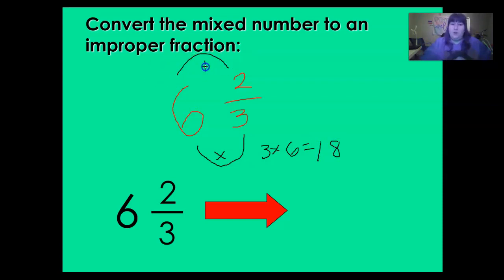Plus the extras from our numerator, in this case 2. So plus 2 equals 20. And there's our new numerator.